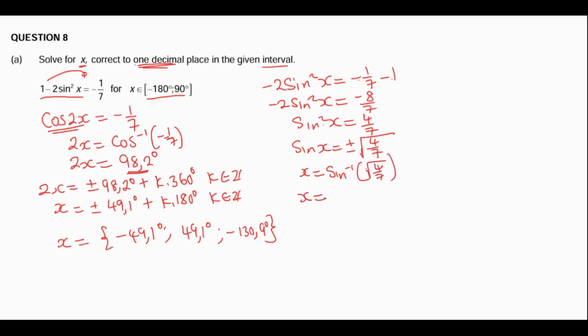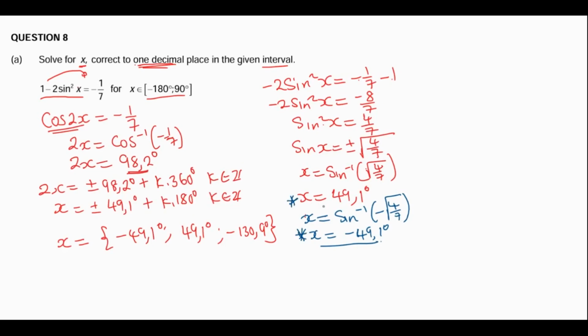Then we get that x is equal to 49.1 degrees. That's our reference angle. And then we can also say x is equal to arc sine of negative square root of 4 over 7. Then we get that x is equal to negative 49.1 degrees. So we have two reference angles here.